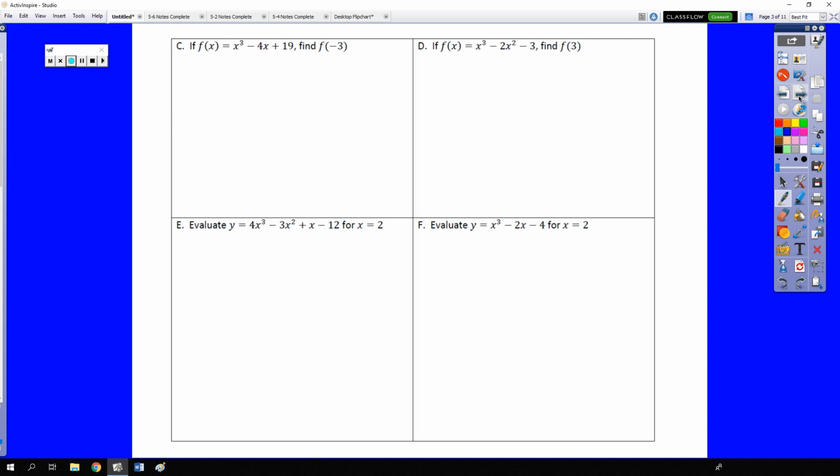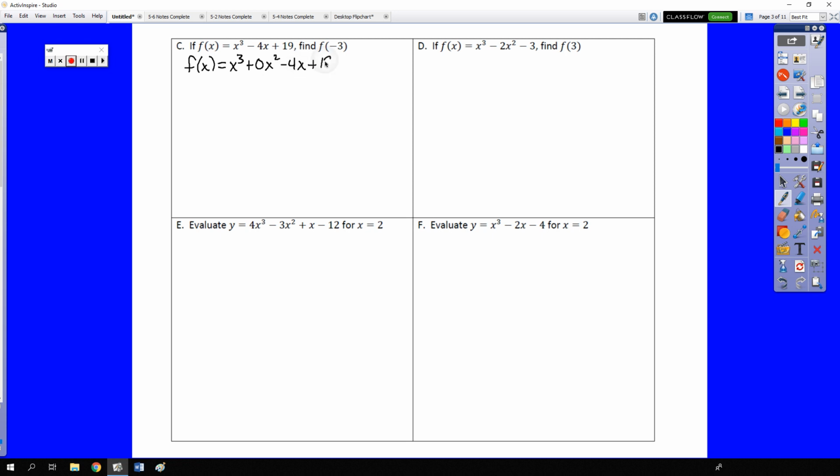Okay, so at this point, let's do a couple more examples first. Here on letter C, there's a trick to this one, because you have to notice that there is no x squared term. Every term in a polynomial is required in order for us to do the problem.